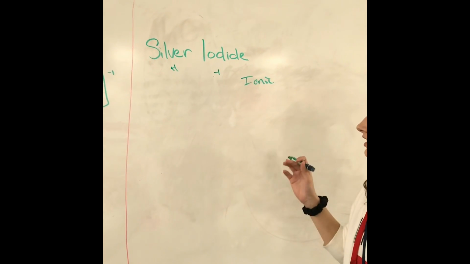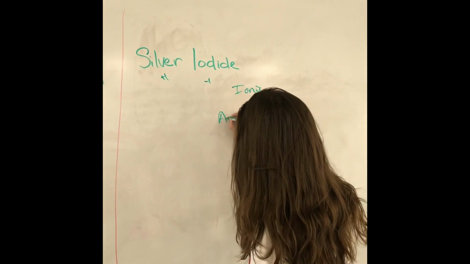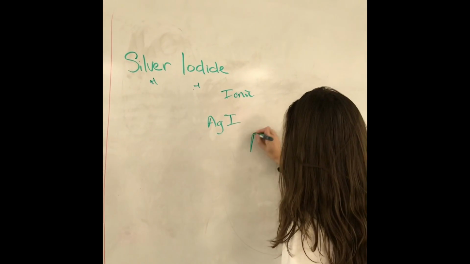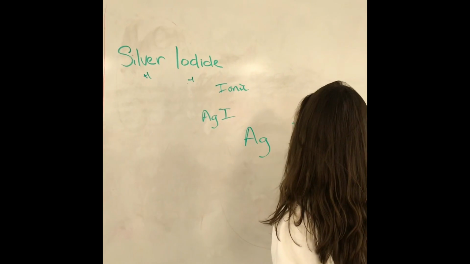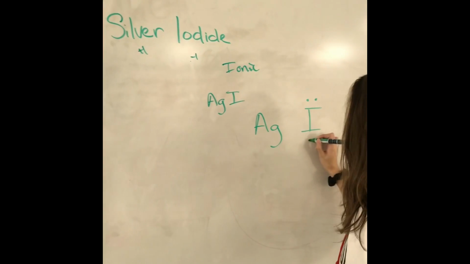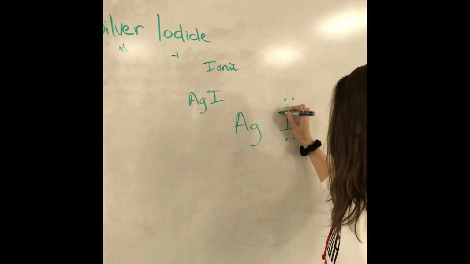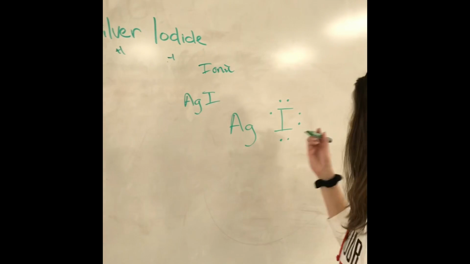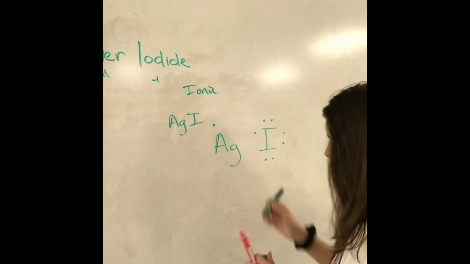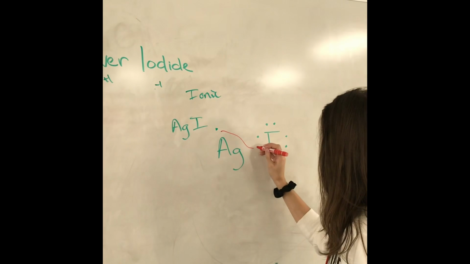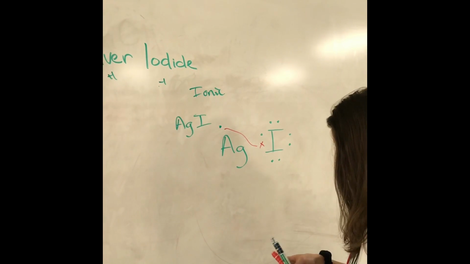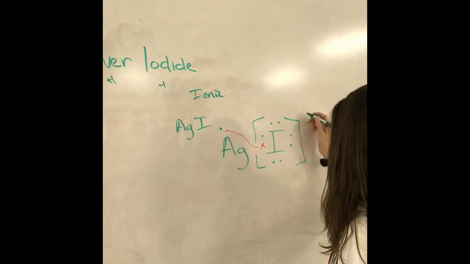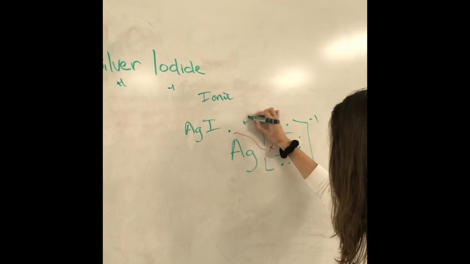So the formula for this would be Ag and then I. To draw the Lewis dot structure, we would have Ag, I, and iodine has 7 valence electrons, and silver has 1. So silver will give its 1 to iodine. And we draw the brackets, and it's -1, +1.